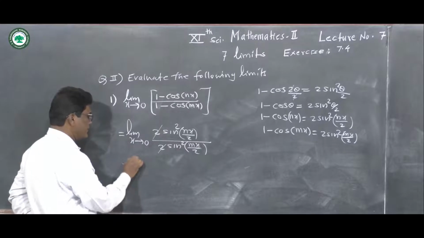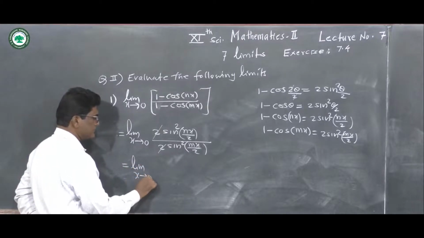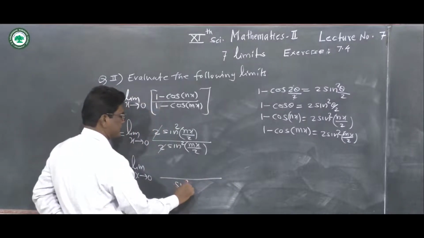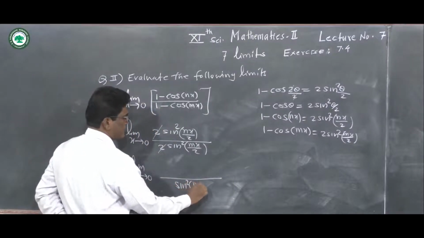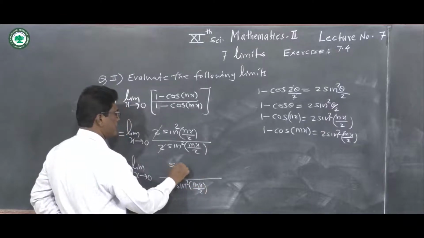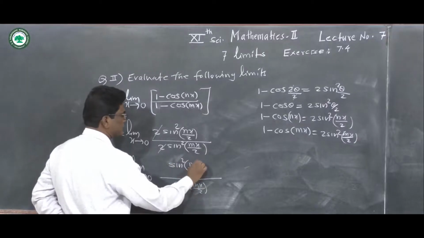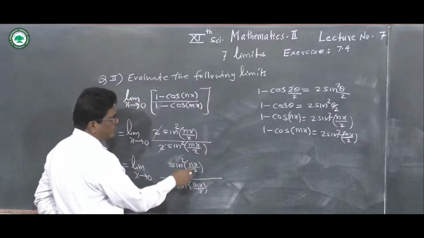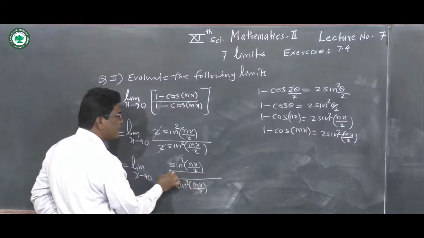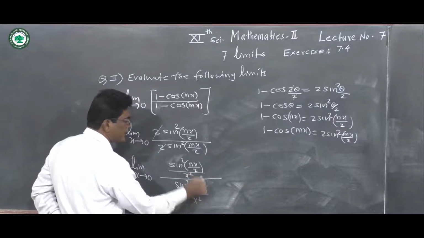So it is equal to limit as x tends to 0, sin square nx divided by 2 in the numerator, and sin square mx divided by 2 in the denominator. Now we divide numerator and denominator by x square. Why x square?